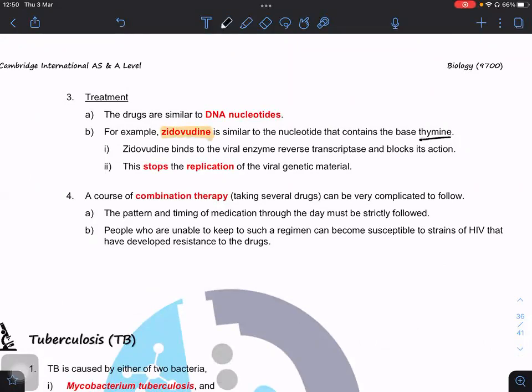Zidovudine is similar to thymine. The viral enzyme reverse transcriptase adds nucleotides, but accidentally takes zidovudine in, and this stops the replication. It won't elongate anymore, so it stops the replication of the viral genetic material.